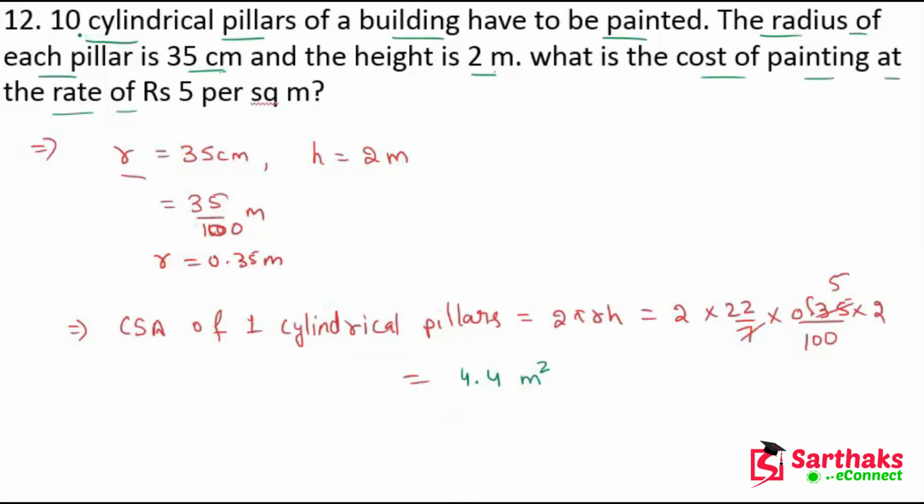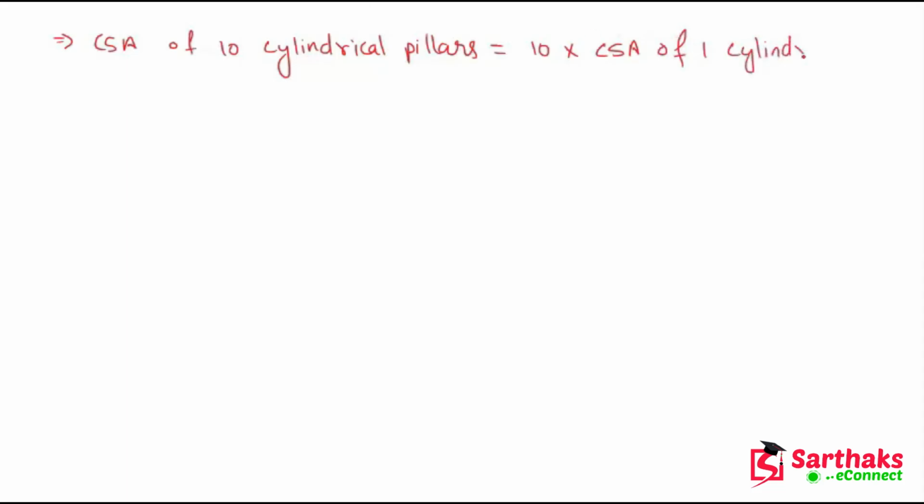Now let's find the CSA of 10 cylindrical pillars. So we have to multiply with 10. So CSA of 10 cylindrical pillars is equal to 10 into CSA of one cylindrical pillar.